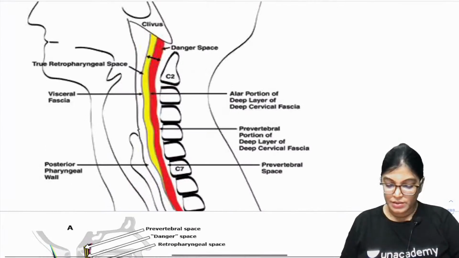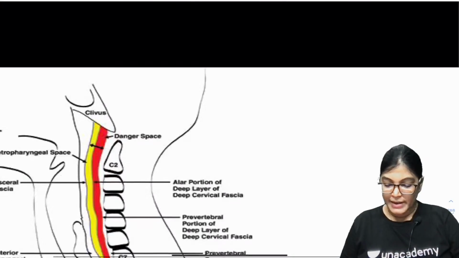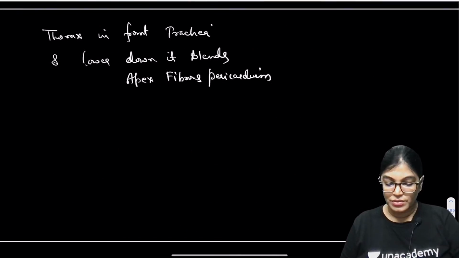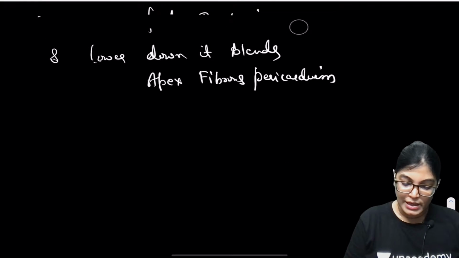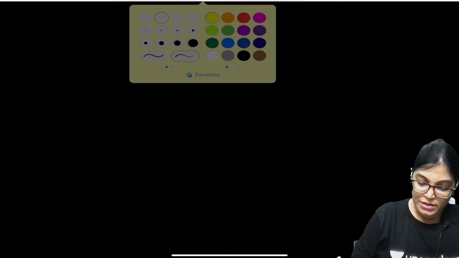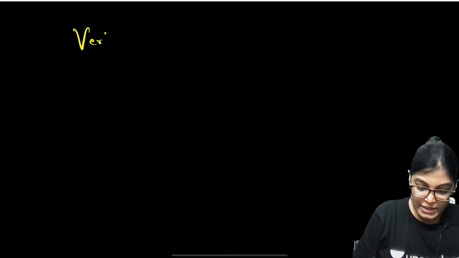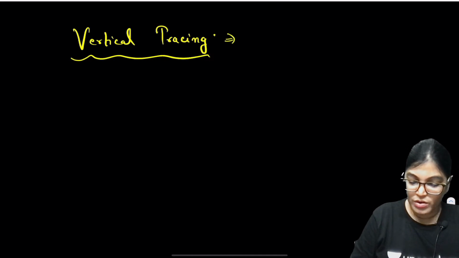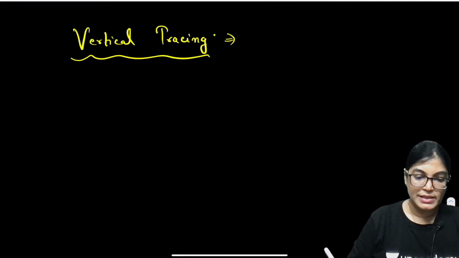Now thereafter, let me write about the horizontal and vertical tracing of the prevertebral layer. We have already done the horizontal tracing. Next is the vertical tracing.